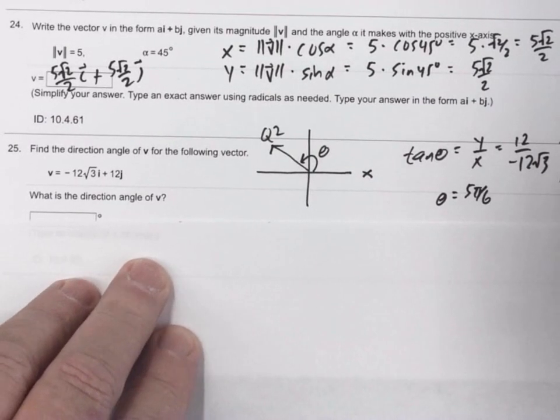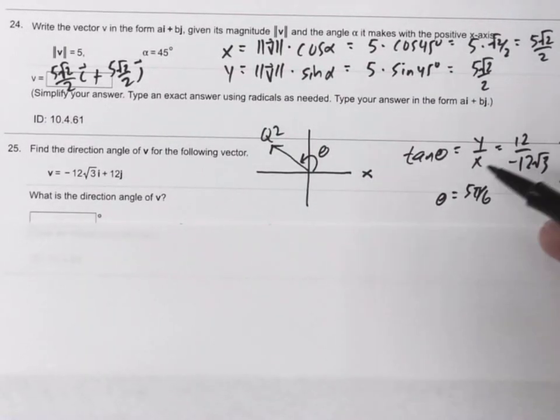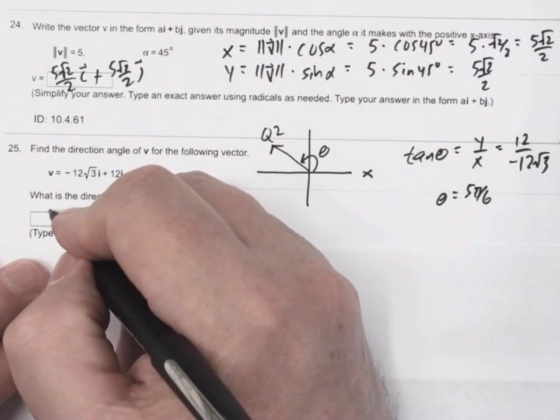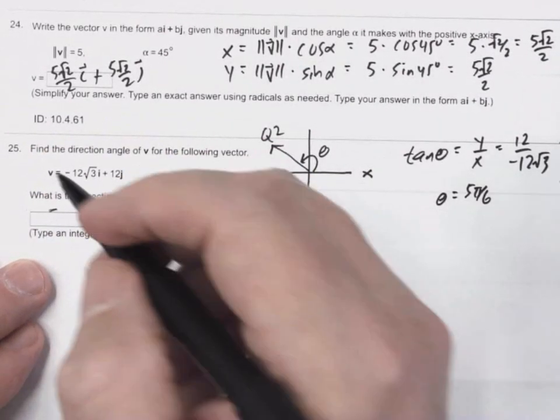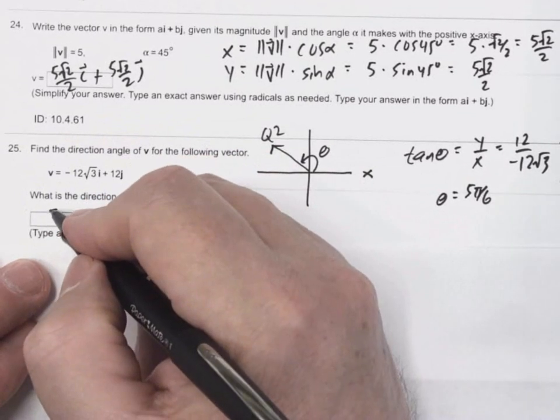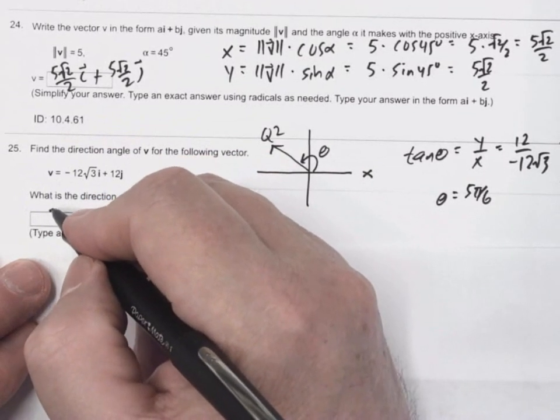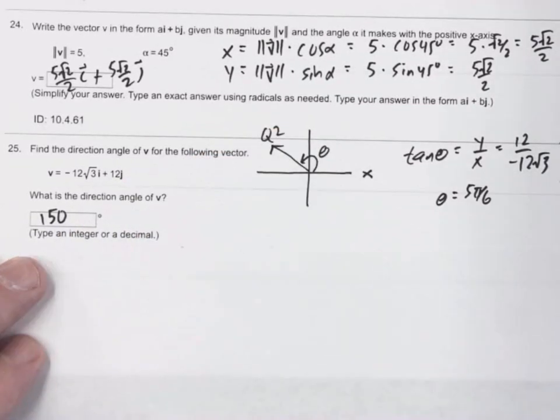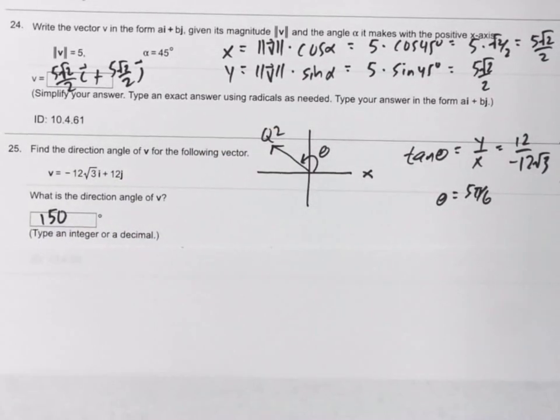When you cancel it down, that equals negative 1 over square root of 3, which is what our tangent has to be. So, oh, they want it in degrees. So 5 pi over 6 radians in degrees, I believe it's 150. That's what 5 pi over 6 is.